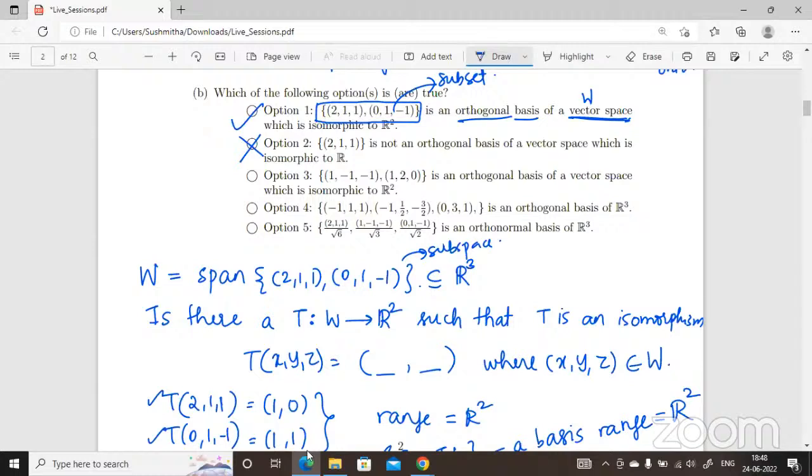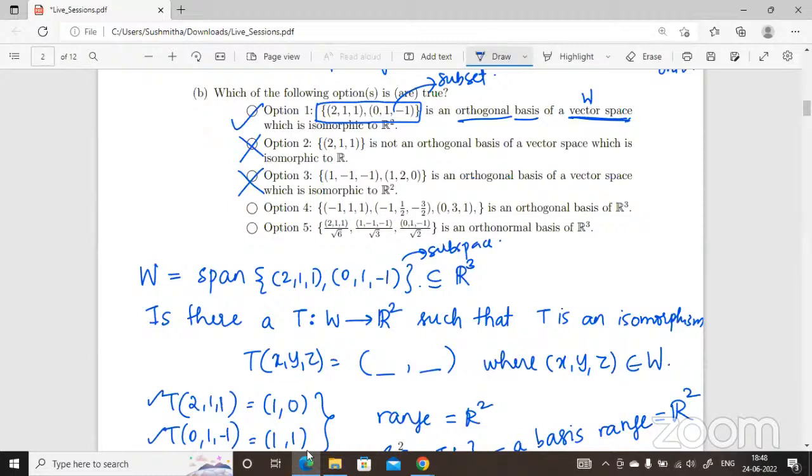What about option 3? It is not orthogonal. Okay, so close. If it was just a basis, then is it linearly independent? That we need to check. Yeah, it is linearly independent. One is not a linear scalar multiple of the other, so it is a linearly independent set. If this orthogonal word was not there, then the statement would have been true.